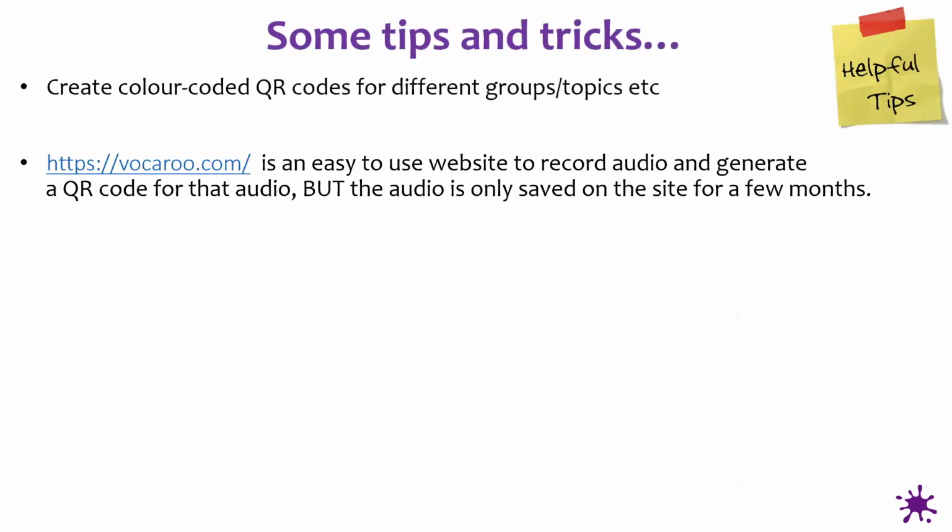So it might be okay as a once-off. But if you're looking for something for next year, I would make a proper audio file and save it in Google Drive, OneDrive, somewhere, and use a normal QR code generator to make QR codes for it.